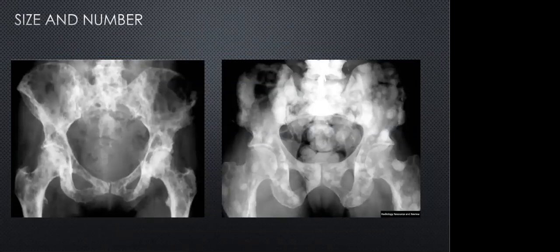Em adultos, lesões ósseas múltiplas nos fazem pensar em processo metastático, enquanto lesões tumorais primárias seriam fatos isolados, muito menos comuns. A gente vê uma maior incidência de metástases quando fala em lesões ósseas em adultos.